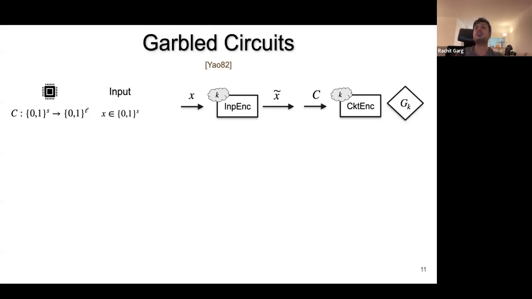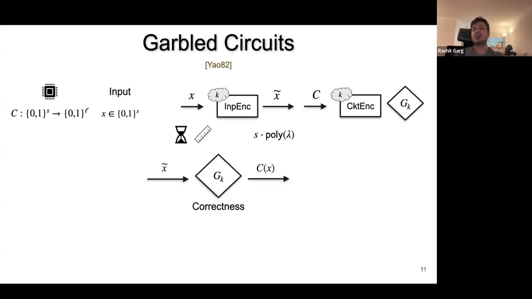This is called the garbled input. Similarly, the circuit encryption algorithm will take the same key K and output a garbled circuit of C, which I'll denote by G of K. Correctness says that there is an evaluation algorithm that takes in X tilde and G of K and evaluates to C of X.